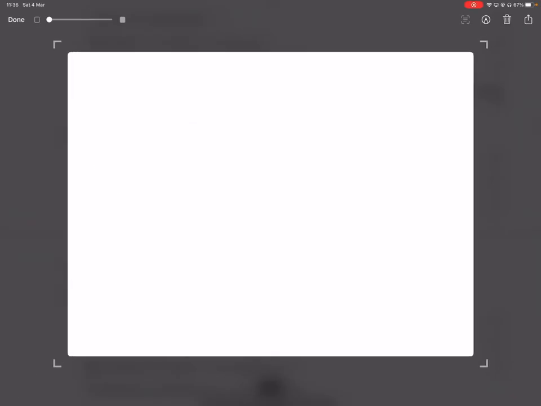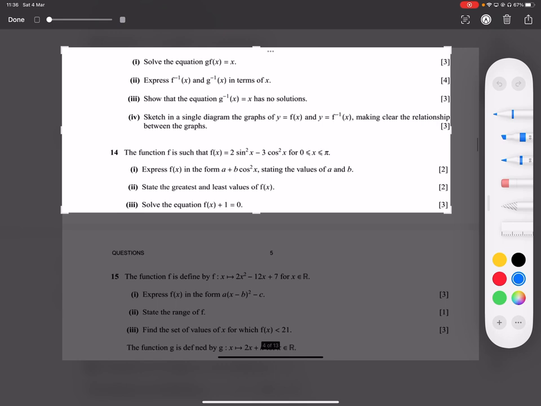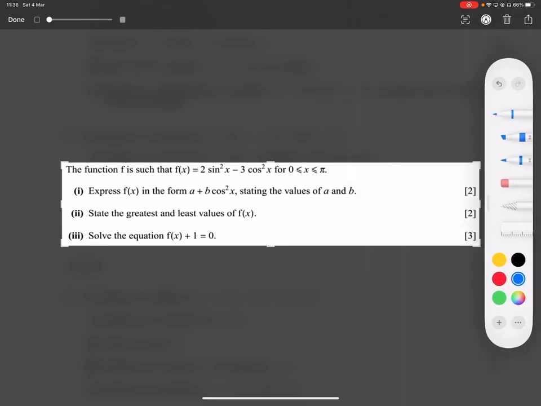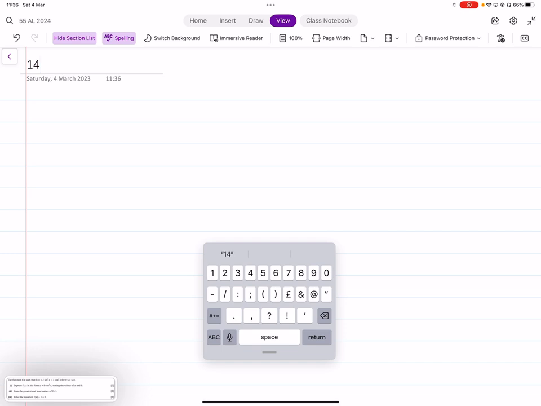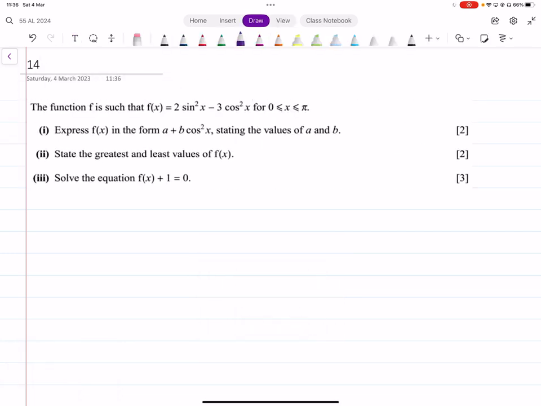Let's do question number 14 from the worksheet. All right, let's do this. Question number 14 from the worksheet.